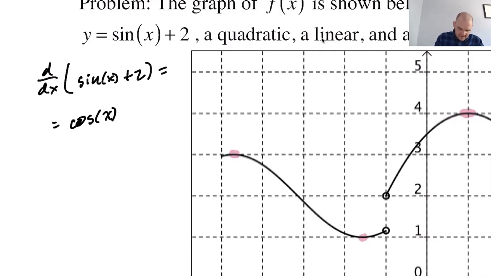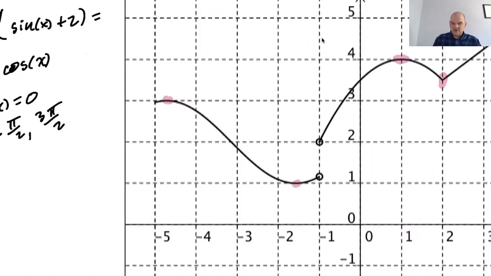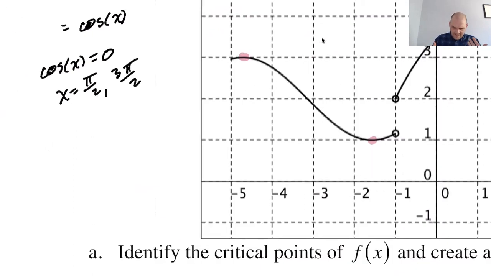So if I need cosine of x to equal 0, cosine's never undefined, so we don't have to worry about that. Cosine of x equals 0. In my mind, the first places that happens are pi over 2 and 3 pi over 2. But that's not good enough because if you look at the graph, we're only interested in -5 to -1. So what I'm going to do is subtract 2 pi from each of these.